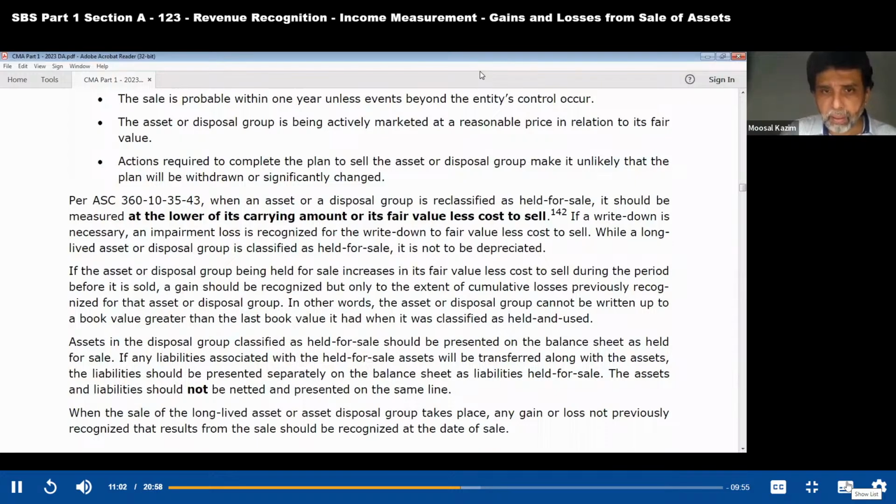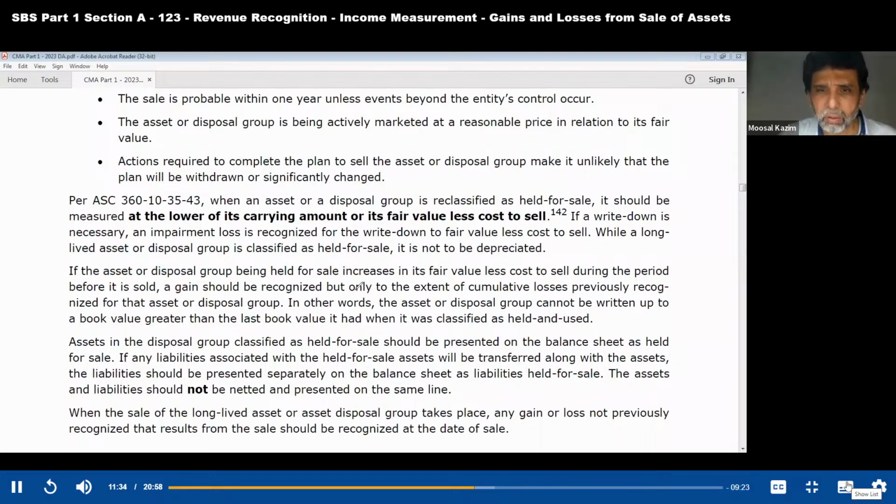So if its fair value after some time goes down, it's recognized immediately, right? And if the fair value goes up, eventually before it is sold, you would recognize a gain, but only to the extent of the losses which you had written down previously. In other words, it should never exceed the book value when it was originally classified as held for sale asset.